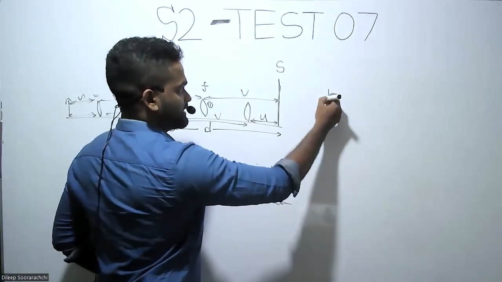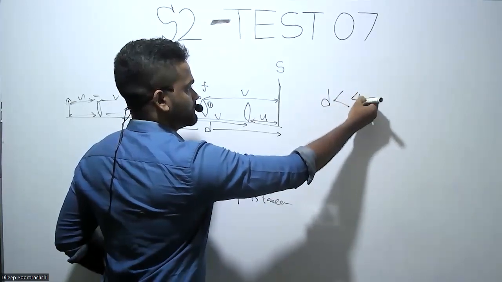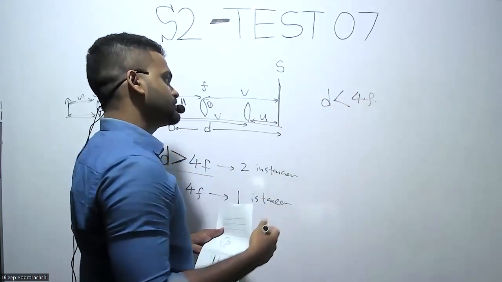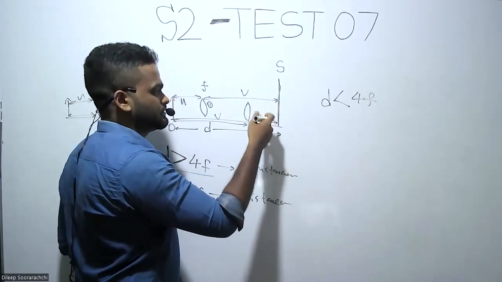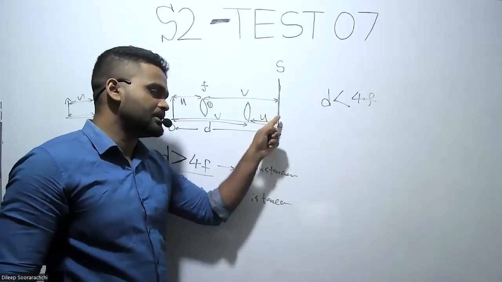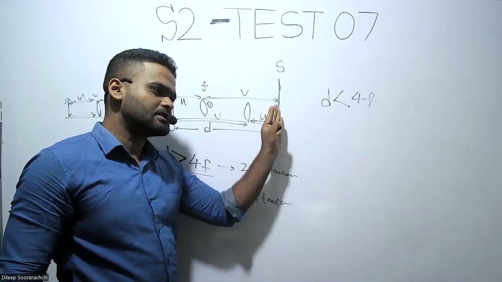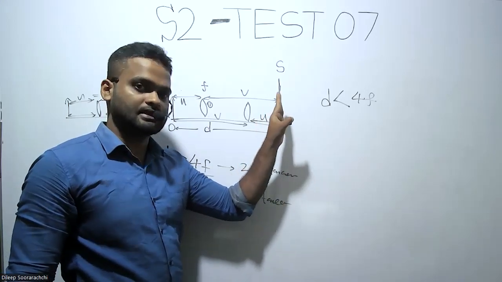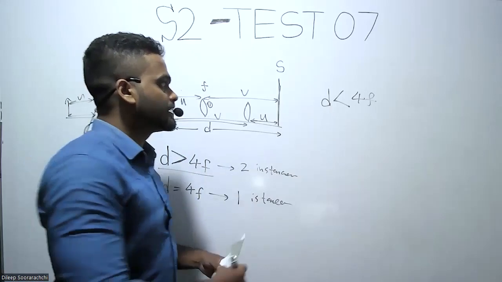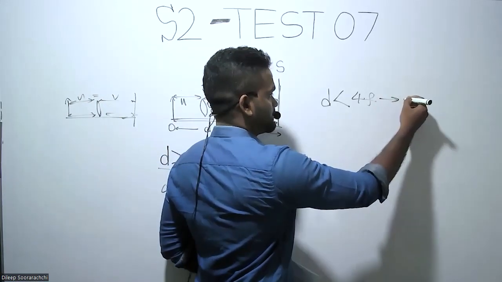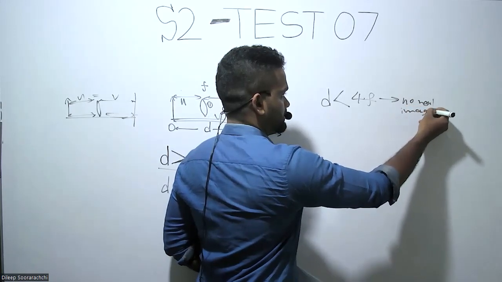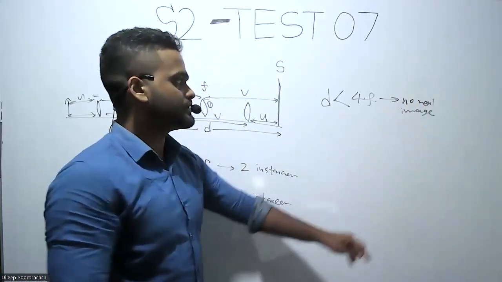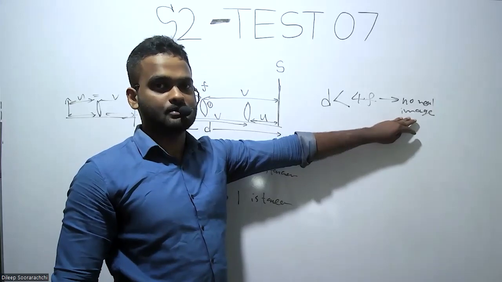If D is less than 4f, there's no way that you can create an image on the screen, meaning that you cannot create a real image. Only real images can be formed on a screen. Here, in this case, no real image. If we cannot create a real image, we cannot form an image on the screen.